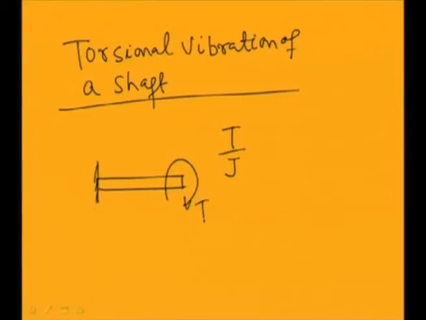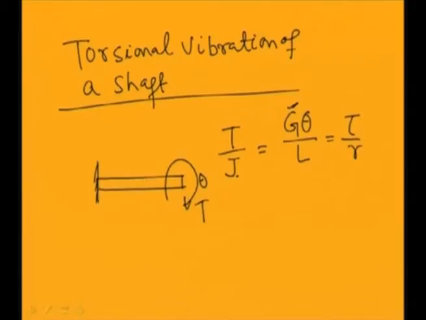It is subjected to a torque T, then you can write T by J equal to G theta by L equal to tau by R. Here T is the applied torque, J is the polar moment of inertia of the cross section, G is the rigidity modulus, theta is the rotation, L is the length of the shaft, tau is the shear stress, and R is the radius of the shaft.